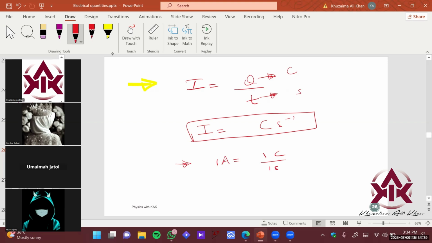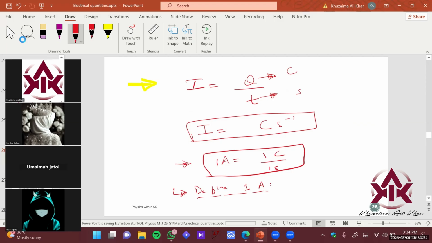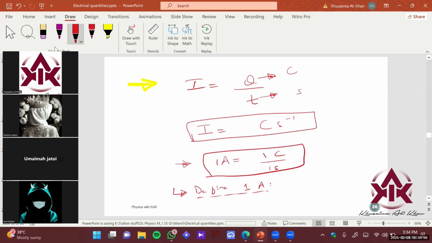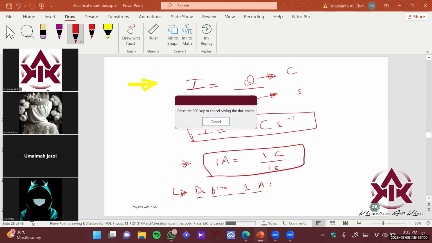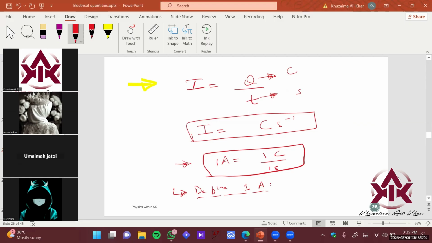If there's a question in your exam, define 1 ampere. How would you define 1 ampere? Anyone? What is 1 ampere? Just see the formula and let me know. It's very simple.